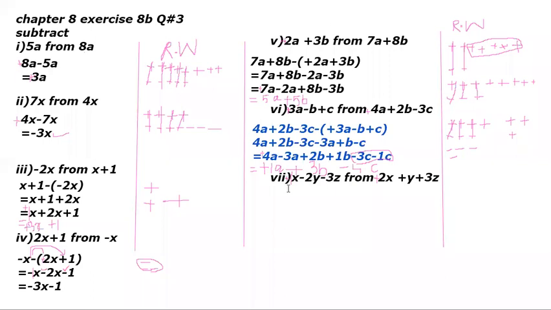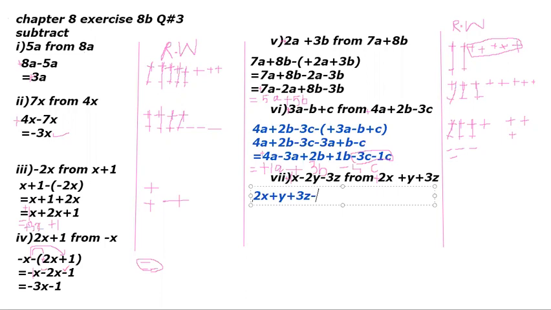That was an important point, that's why I'm telling you. I will write 2x plus y plus 3z. First I will write this algebraic expression, then because I'm doing a subtraction question, this sign is for the question of subtraction.